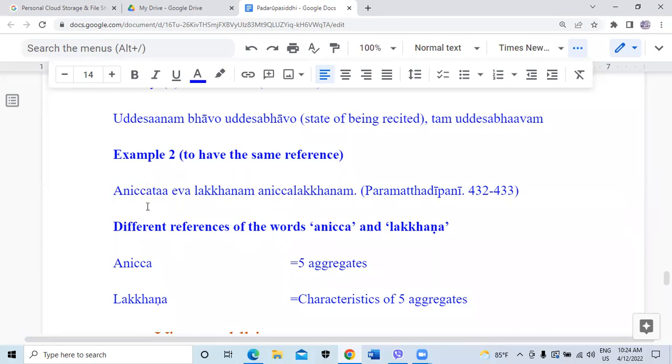So in the case of anicca, we can say bhava lopa, because this ta representing bhava word does not appear in the Nibbāna anicca lakkhaṇa. So the main point is anicca refers to five aggregates. Lakkhaṇa is characteristics. So the compound word is Kammadhāraya samāsa.